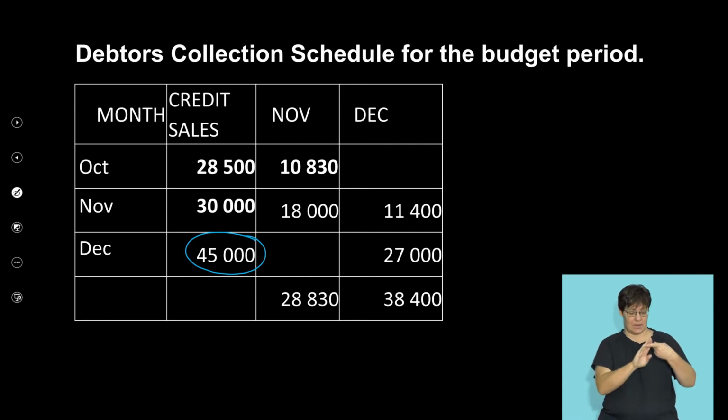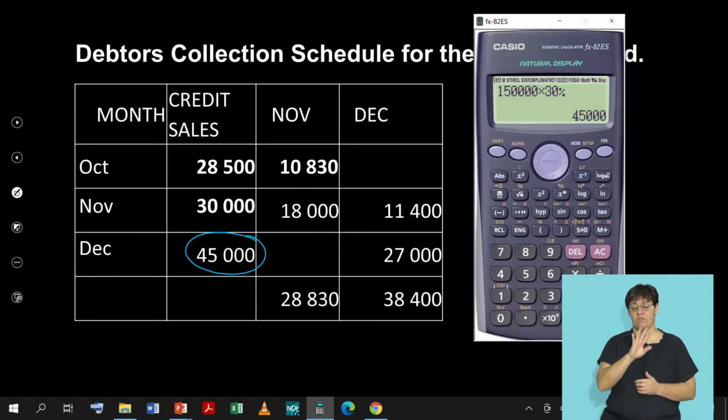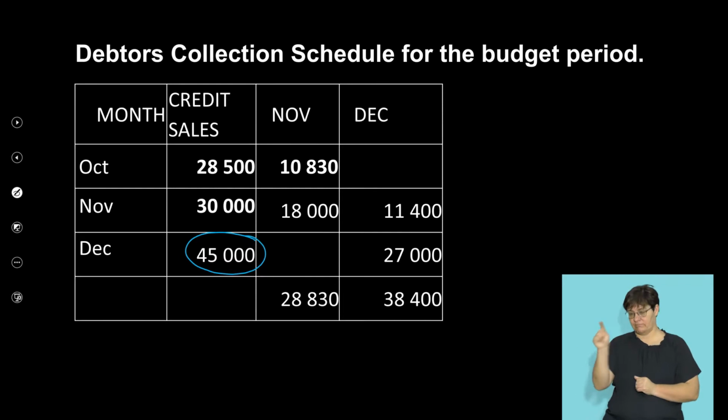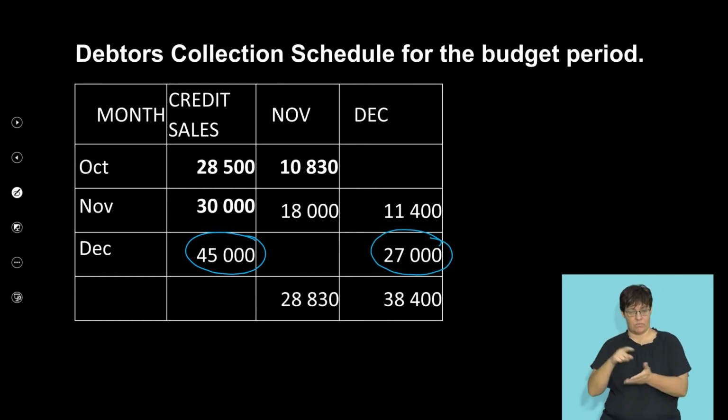Okay, step number 1. Now I know that's my credit sales for December, what percentage will pay me? It was 60%. So obviously, if you take 45,000 times your 60%, here we go, there we get a figure of 27,000 Rand. There's our 27,000 Rand that we require.